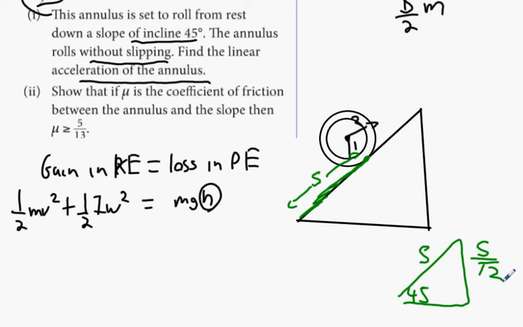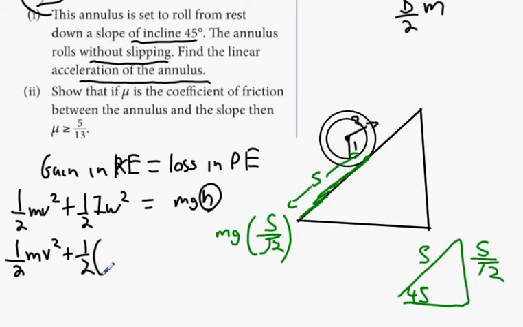Okay. So, what weight is the annulus again? It's of mass m. So it's going to be mg s over root 2. Okay, that part is done. Now we got to move over to a half mv squared. So a half mv squared, it's an annulus of mass m, so it's still the same base, plus a half. What do we replace in for I? I, anybody? 5 over 2 m, or 5m over 2.